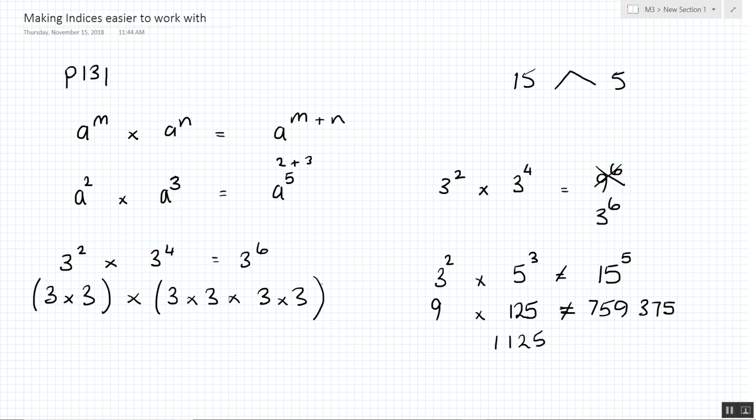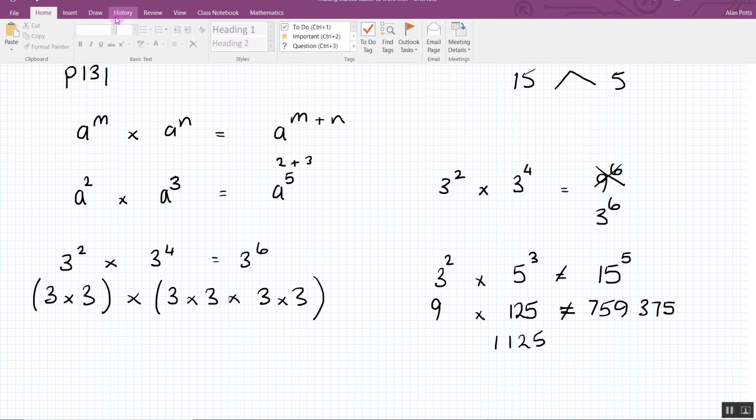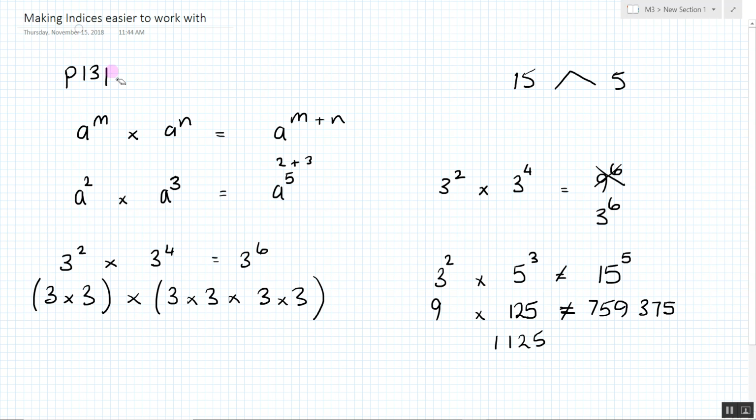But if that bracket has a multiplication in it, isn't it going to get done first anyway? Yes. So normally we would have brackets if we had to do an addition or subtraction first, and we don't in this case.